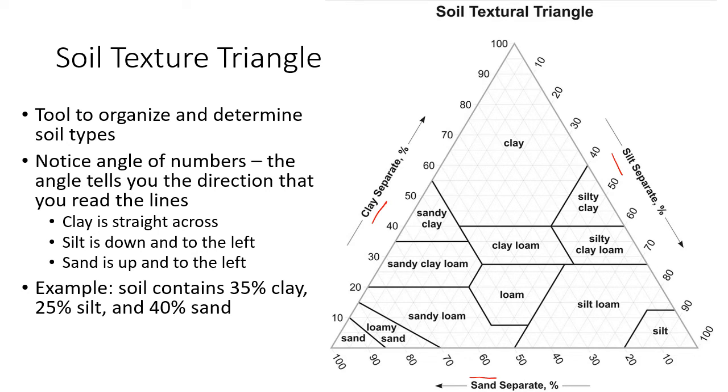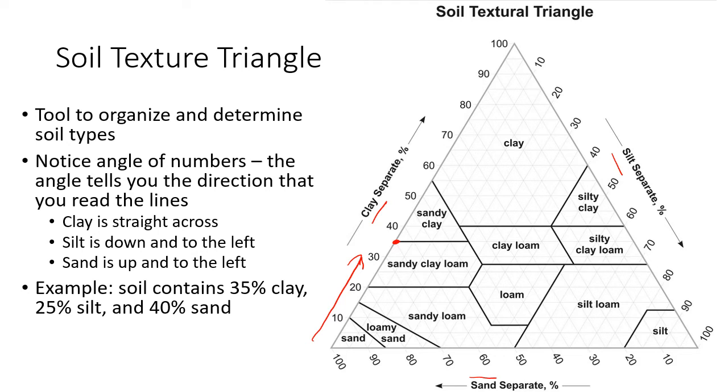Let's just say that you have a soil that is 35% clay, 25% silt, and 40% sand. What you would do is look at your clay. It doesn't matter which one you start with, but I'm going to look at clay first. It says 35% clay, so just moving from the bottom left to the top right, I'm going to find 35%, which is right about there.